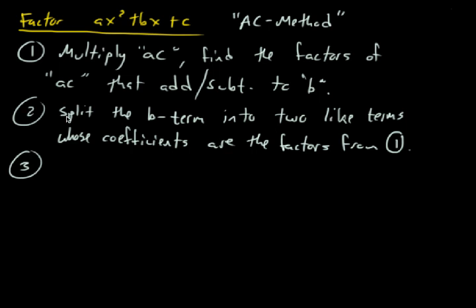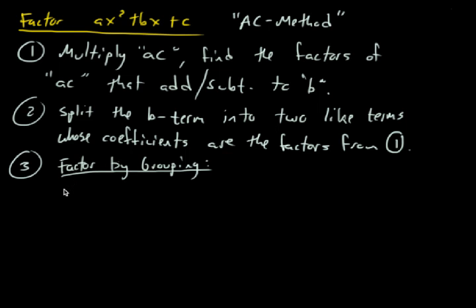Alright, step 3 technically has its own name. It's called factor by grouping. And it's sometimes used without the AC method. In some cases, it will be used for factoring a four-termed expression, but here it's going to be a subset of this. So once I've split the b term into two like terms, that would give me the squared term, my two linear terms, and my constant. So that's a total of 4 terms.